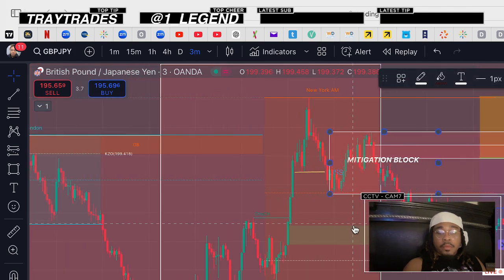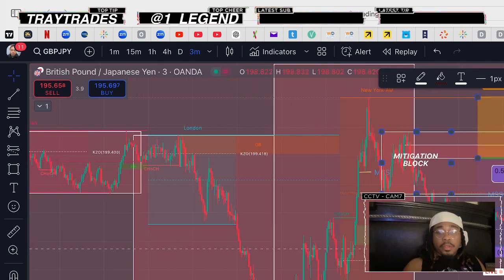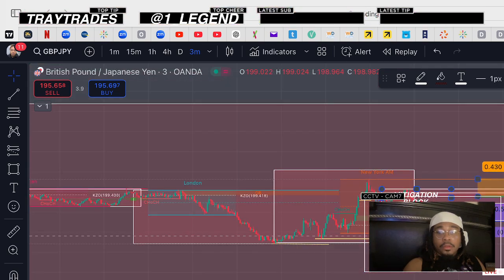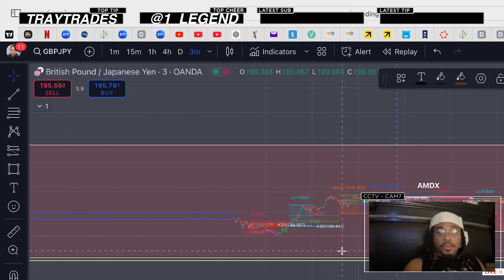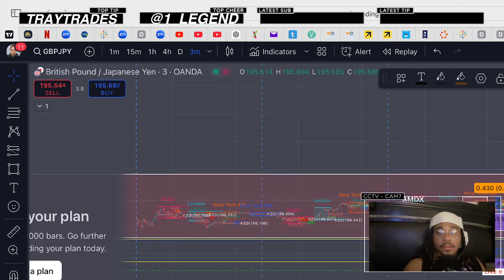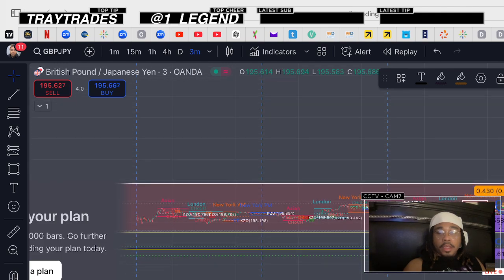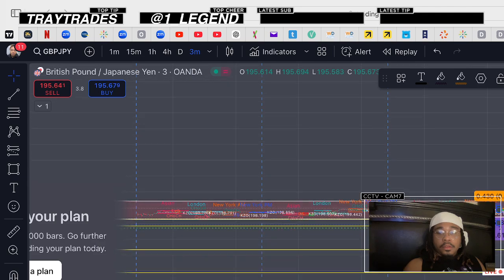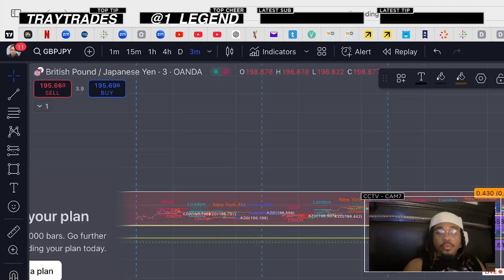And remember what I said, we're on a high time frame POI. So what that means is, remember those yellow lines we were marking up, right? Those yellow lines. We got TP1 right here, TP2 right here, and TP3 right here.